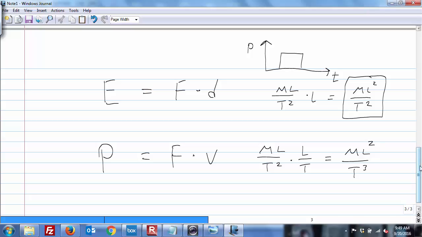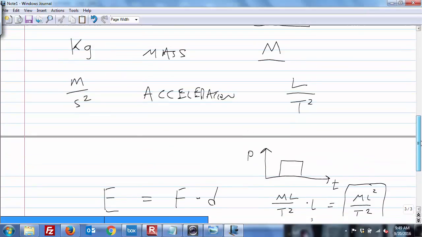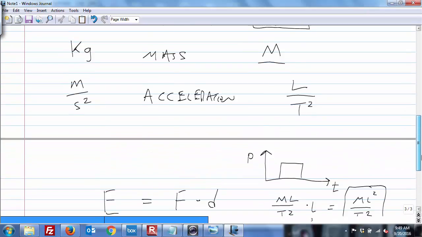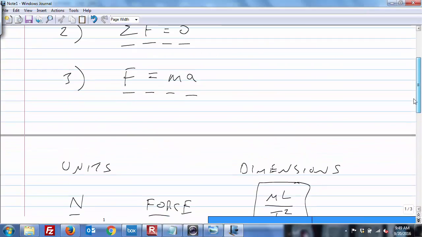Those are the fundamental dimensions of energy and power. Once you know that, you know a lot, because whenever you're solving an equation, you can dig back and ask: is this a force equation? Is it an energy equation? Is it a power equation? Any questions on that?